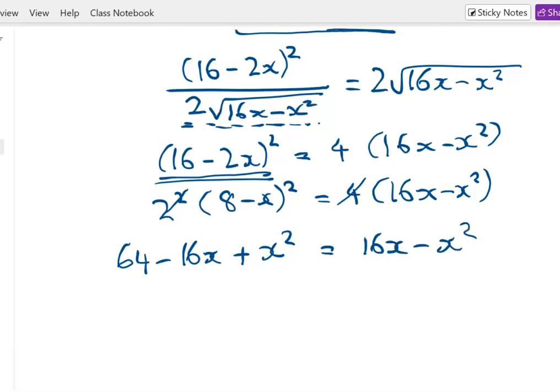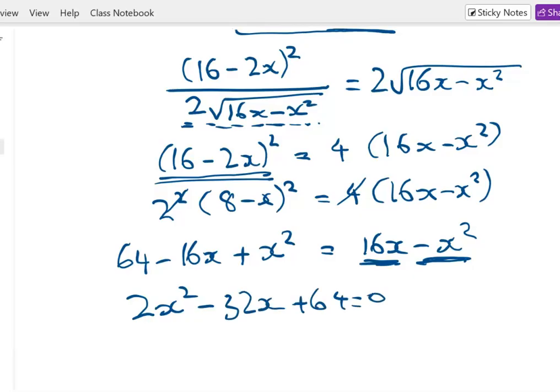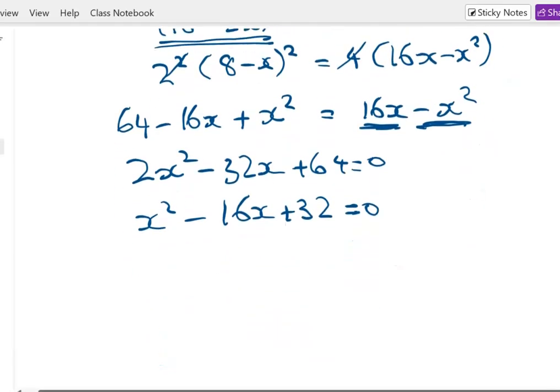Bringing everything over to the left-hand side, I'm going to add x squared. We get 2x squared minus 32x plus 64 is equal to 0. Divide through by 2, and we get x squared minus 16x plus 32 equals 0. Now you can solve that with completing the square, or you can do it with the quadratic formula.